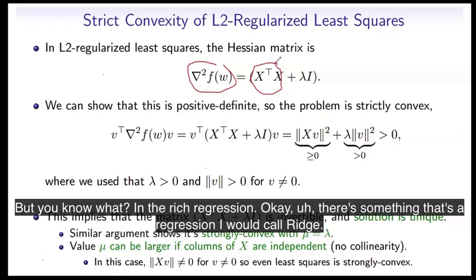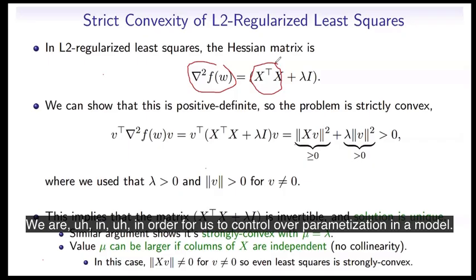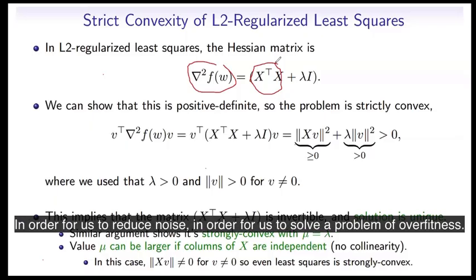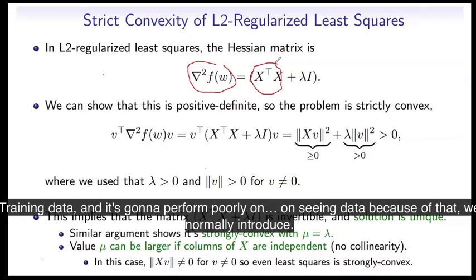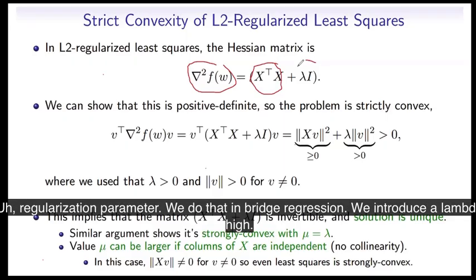In ridge regression, in order for us to control over-parameterization in a model, to reduce noise, and to solve the problem of overfitting, because we don't want a situation where our model will capture noise, where it performs greatly on training data and performs poorly on unseen data, we normally introduce a regularization parameter. We do that in ridge regression. We introduce a lambda.